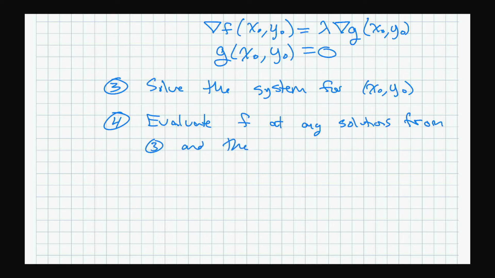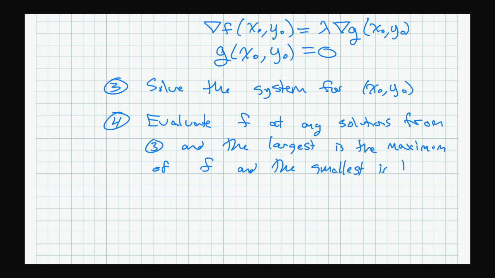The largest is the maximum, and the smallest is the minimum. Now, don't have flashbacks to the previous section. You're not going to have a million of these. It's going to be much more straightforward.